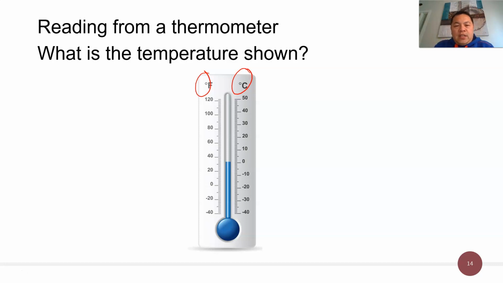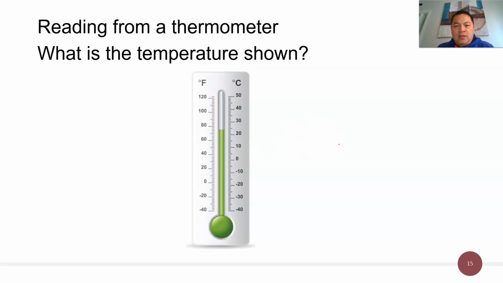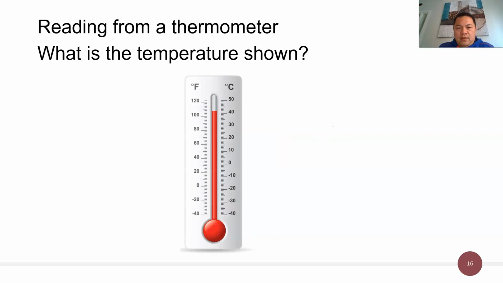So in this case, we focus on the degree Celsius component. The reading here is actually 0 degrees Celsius. Next one here, this is about 24 degrees Celsius. Next one, this is about 42 degrees Celsius.